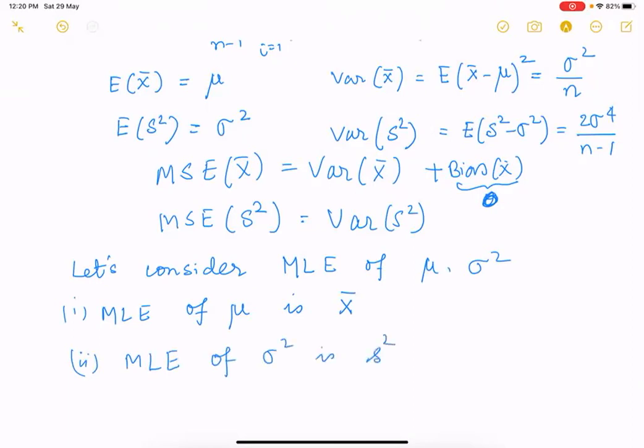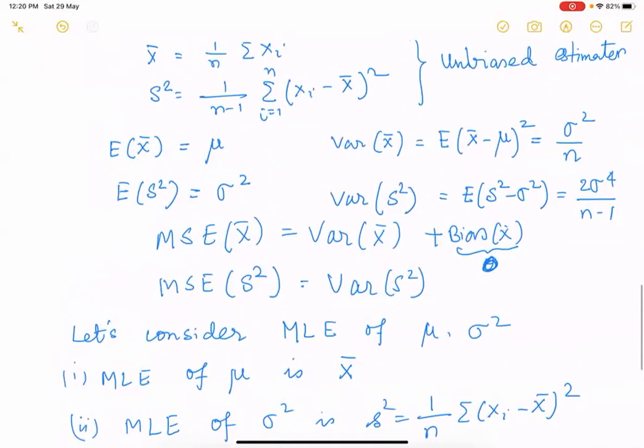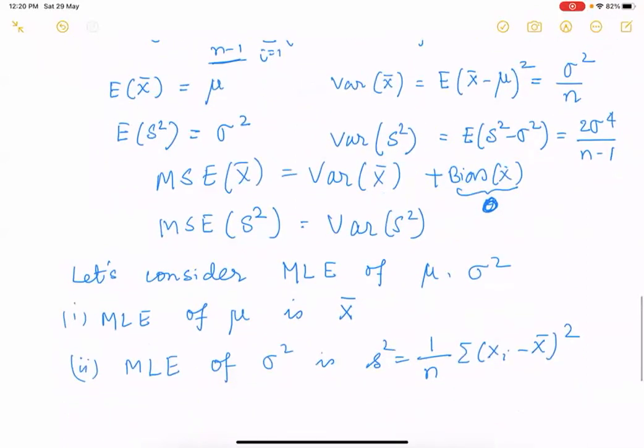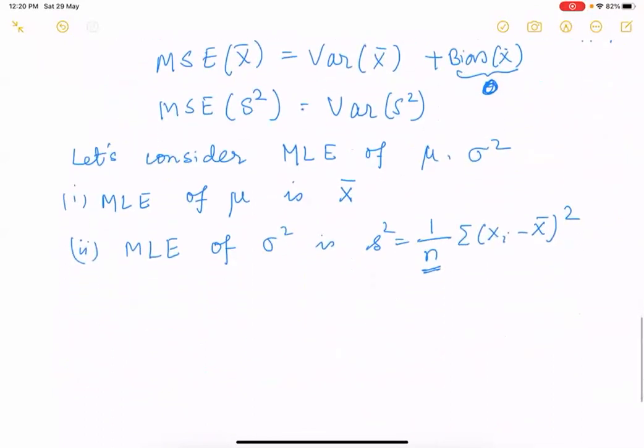It is small s square, 1 by n summation Xi minus X bar whole square. The unbiased estimator that was proposed had divisor 1 by n minus 1, and here it is 1 by n. So it's slightly different. So that means effectively my small s square, I can write it as n minus 1 by n S square.